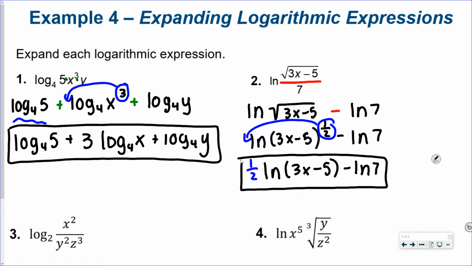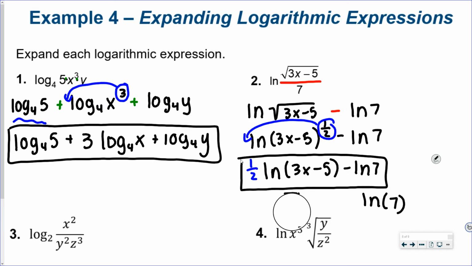Get in the habit of writing your log expressions with parentheses if you have more than one term like this. You don't have to do this on your arguments if you just have a number. You can if you want to. But if you don't, I don't know if that says you're taking the natural log of 3x and then subtracting 5, or if you're taking the natural log of 3x minus 5.